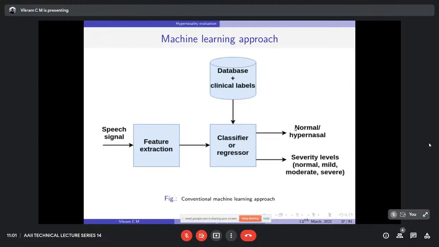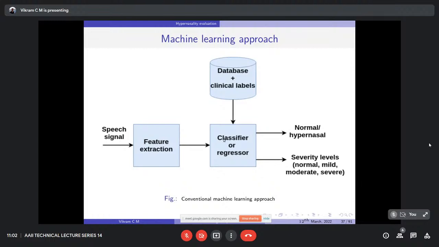In all this clinical speech processing, the labels, whether normal or hypernasal, or different categories like normal, mild, moderate, and severe, are obtained from expert clinicians. Our machine learning model needs to map between them, so we can classify whether it is normal or hypernasal, or get the different severity grades.